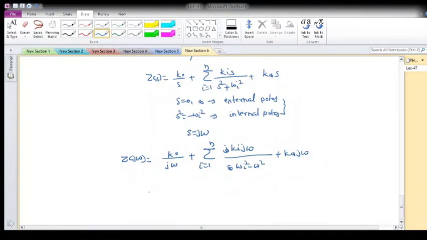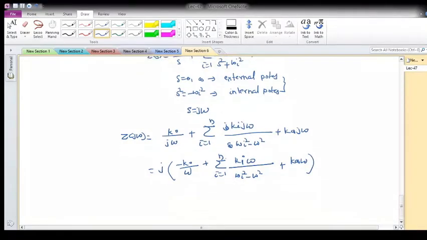So j I will take common, and you will get minus k0 upon omega, because j was in the denominator and I shifted it to the numerator. This is the reason the minus sign came here, plus the addition i equal to 1 to n of ki omega divided by omega i square minus omega square, plus k infinity omega. So you can say this is purely reactance. So the impedance will be j of x of omega.